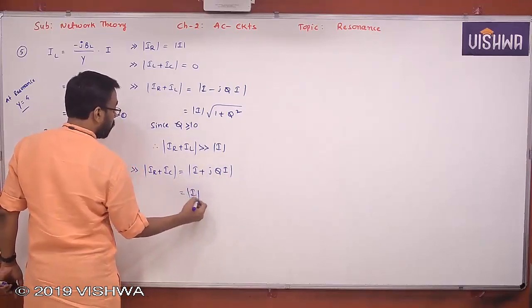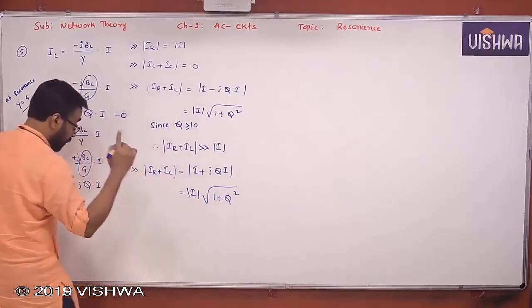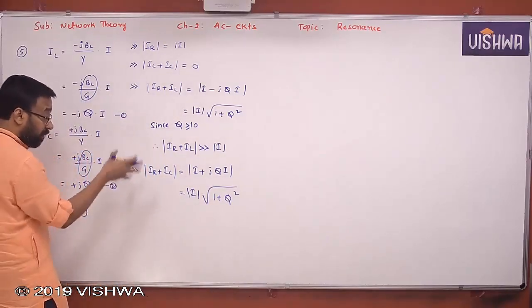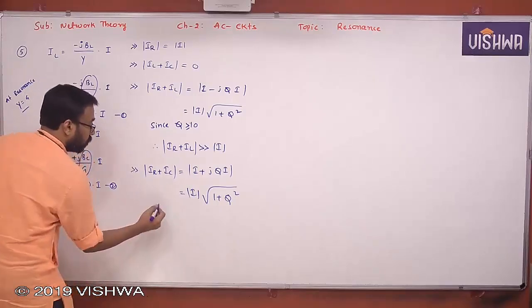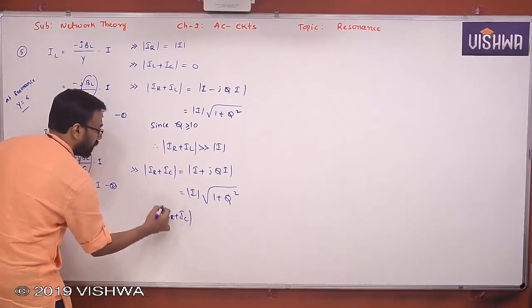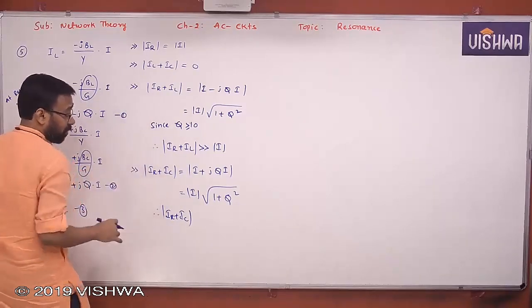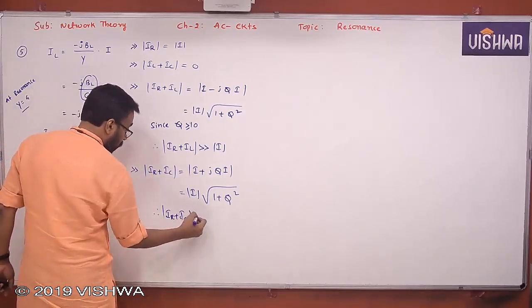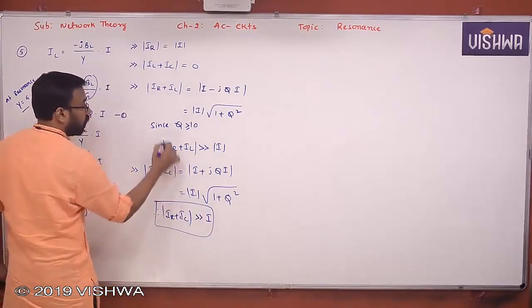I'm just writing it down, please note down. We already did this part in case of series resonance in a similar way. There we were dealing with voltage; now here we are dealing with currents. So from this I can say IR plus IC. There was directly one question on this relation in GATE, exactly the same question. I'm going to discuss that part. From this we can say it's very, very important.